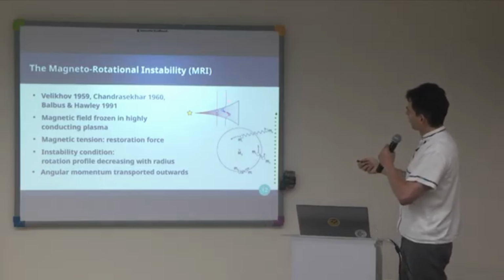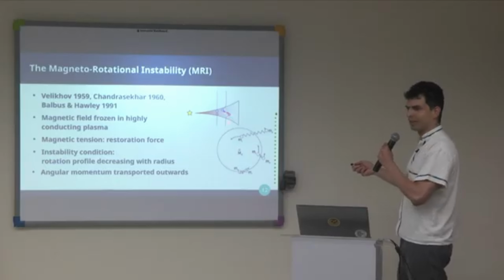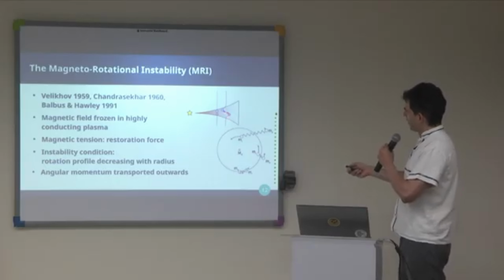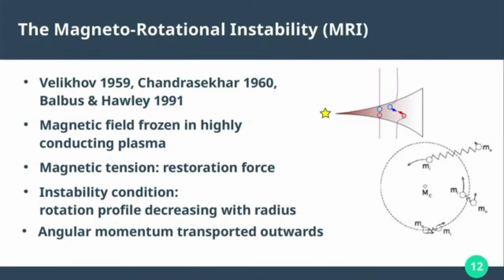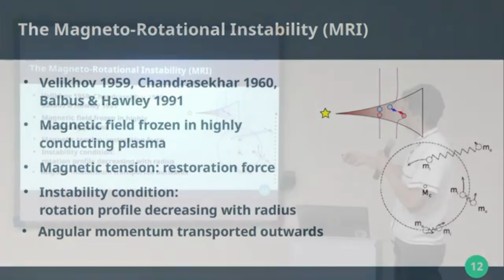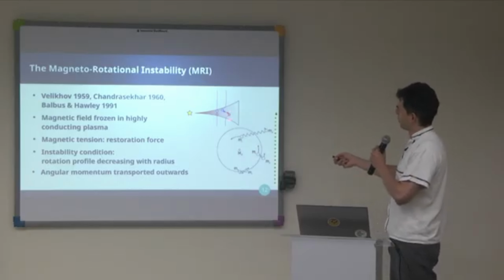But because it tries to bring them together, it will slow down the particle that is closer, and it will speed up the particle that is at the farther radius. So if first they were orbiting near the Keplerian speed, now the particle that is nearby will be too slow to be sustained by centrifugal force. It will go even slower than what it was, because it's dragged by this other particle. And in contrast, this other particle will be too fast to be in this orbit.